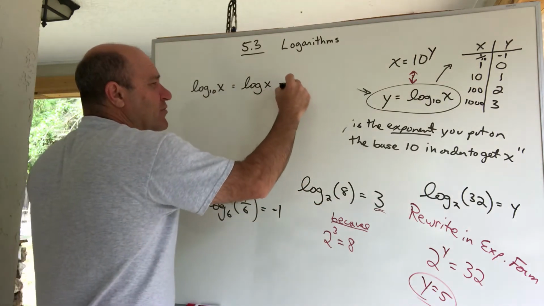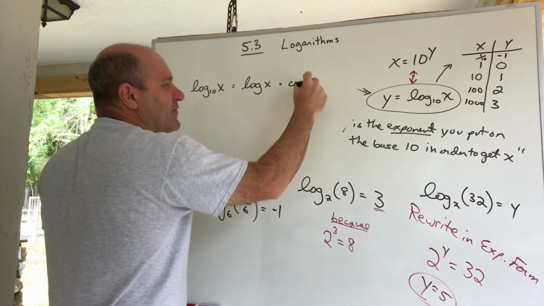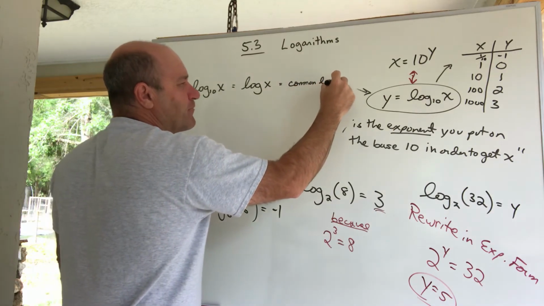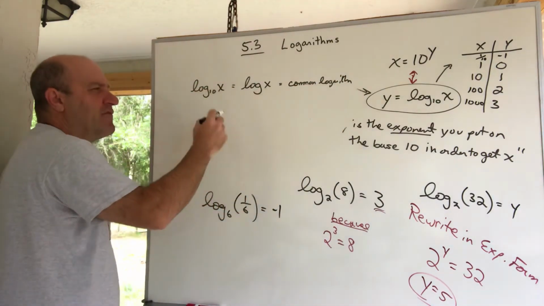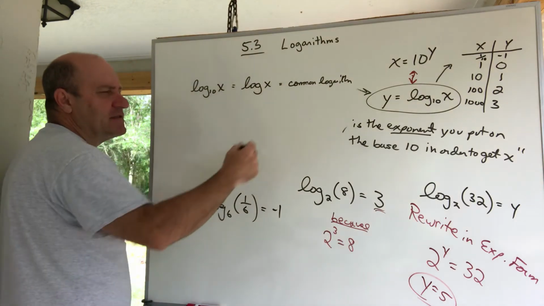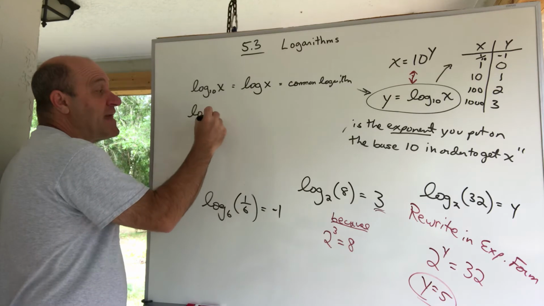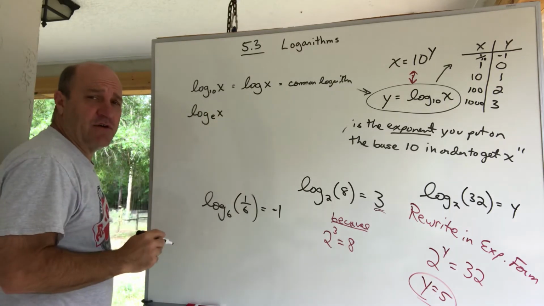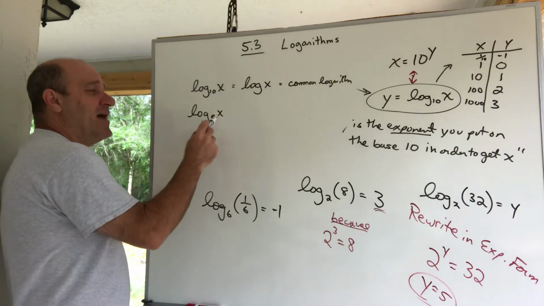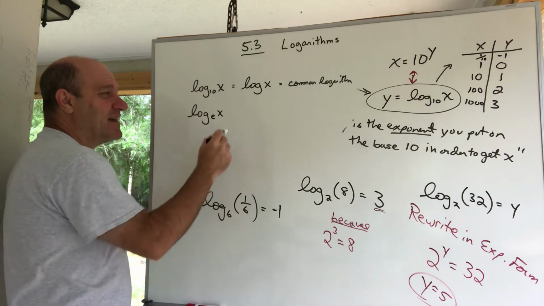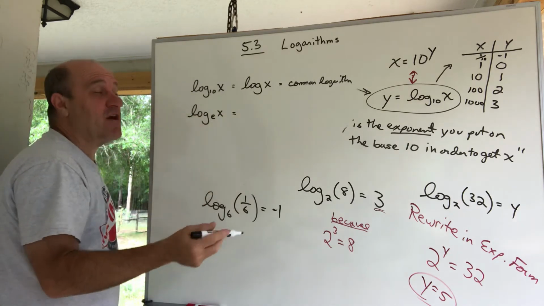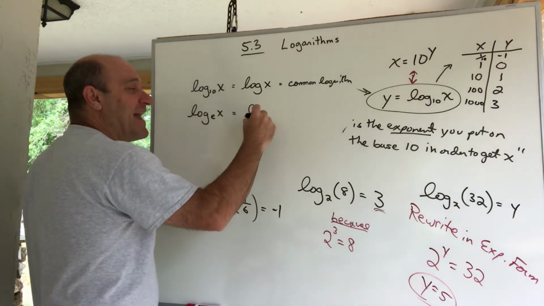I've heard this called a common logarithm. Base 10, very famous. You don't have to write the base. It's called a common logarithm. There's this one, log base e of x. I introduced this earlier in this chapter, but I didn't call it log base e of x. When it is log base e of x, we always write ln of x.